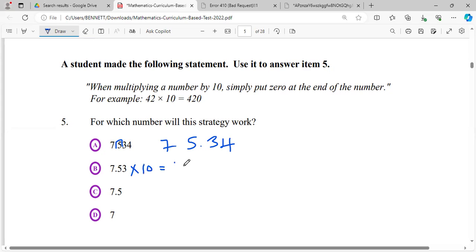C, you also have to move the decimal point based on the number of zeros. And D is the only one that if you multiply 10 times 7, you add the 0 and you just get 70. Yeah, very good.